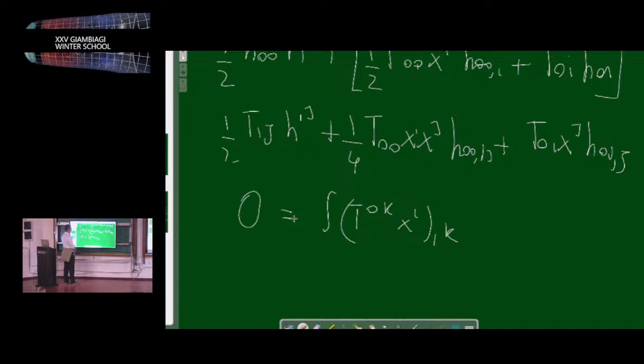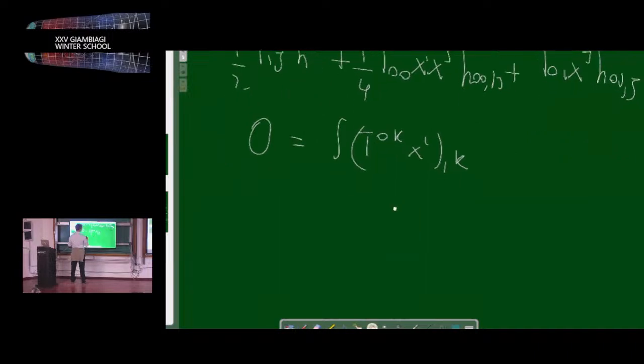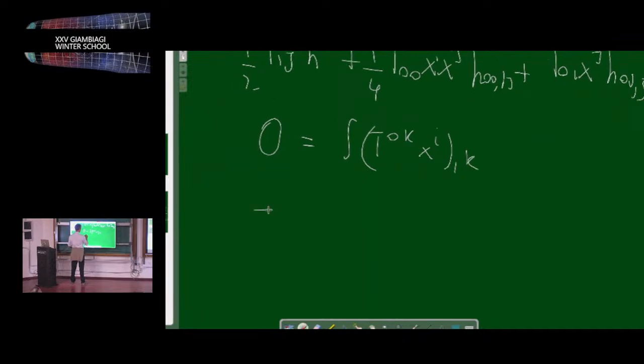Okay, so this is 0. It's always the same trick as before. Now this is a total divergence, but now it becomes a non-trivial 0 because I separate the two pieces. So on one side it is minus T0K gradient K xi, and on the other side is T0I, no? Because this is delta Ik and gives me T0I.